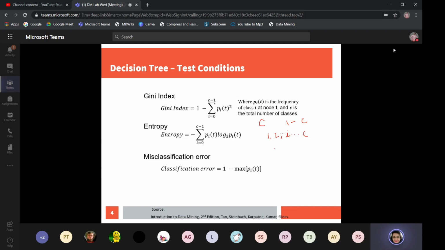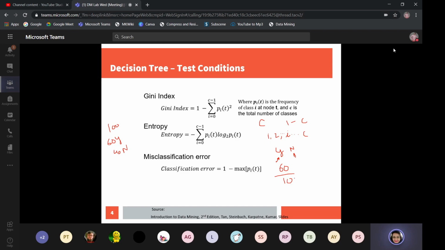So if we are saying that there are two classes only, which is yes and no, then you will see what is the frequency of class Y and what is the frequency of class N. That means how many records have value Y. So if you have 100 records and 60 of them are Y and 40 of them are no, then frequency of Y will become what? 60 by 100.